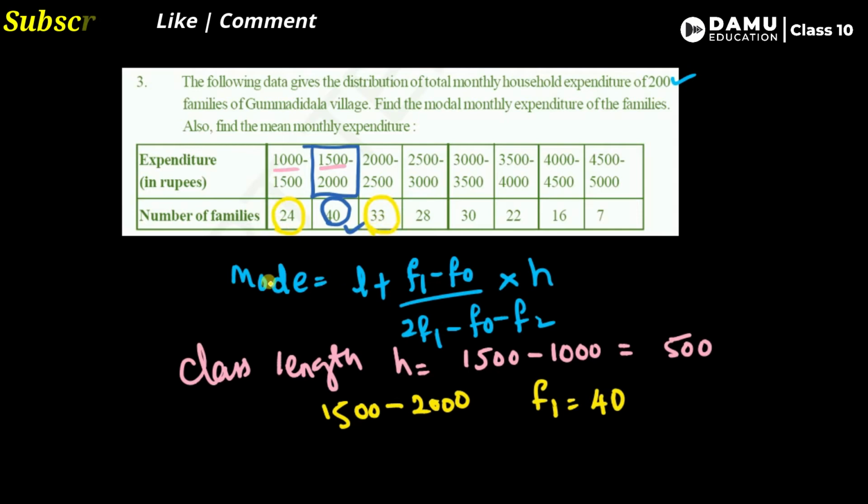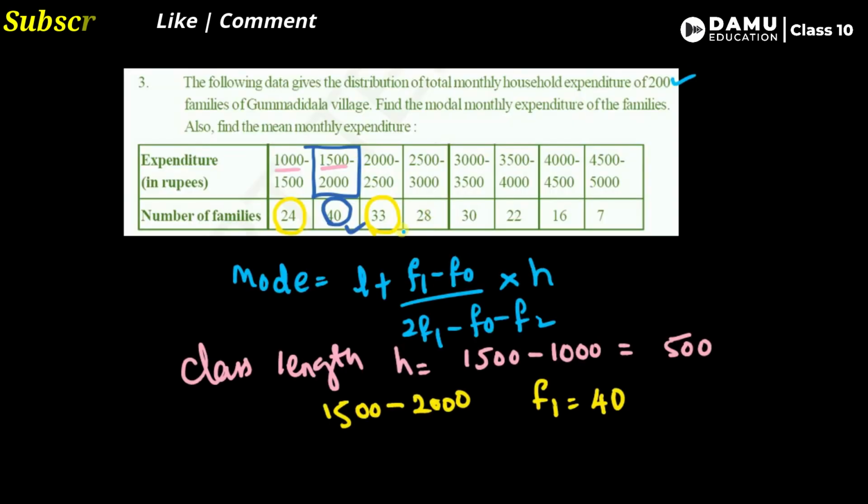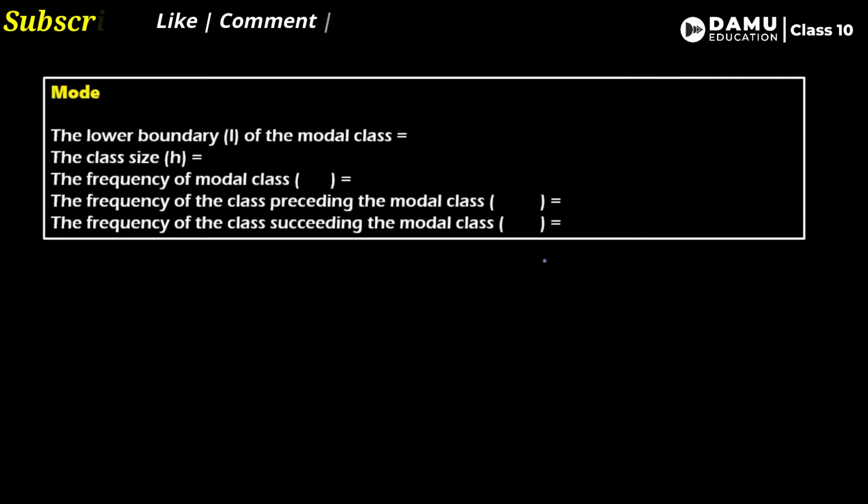So L, the lower limit of the modal class, is 1500.